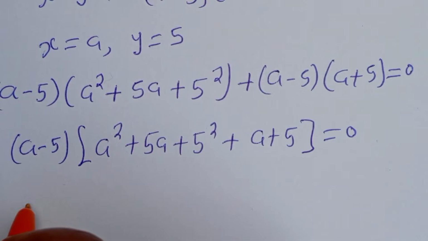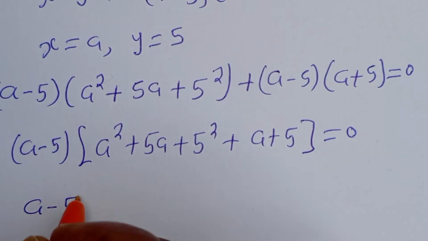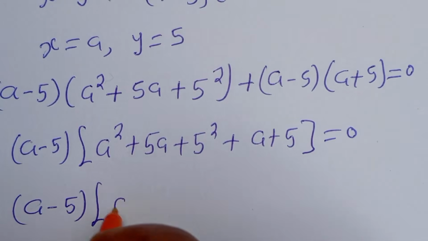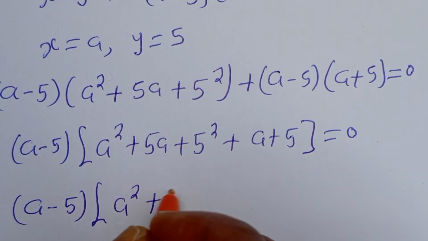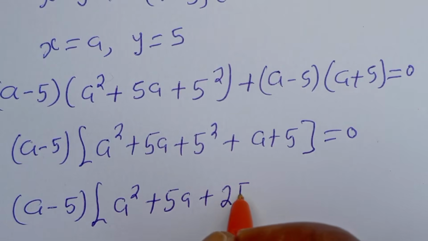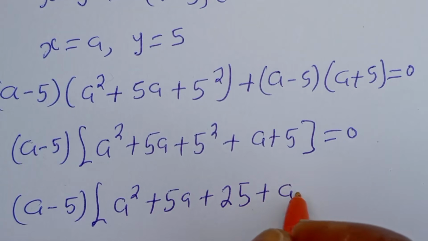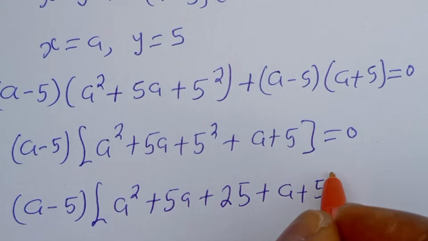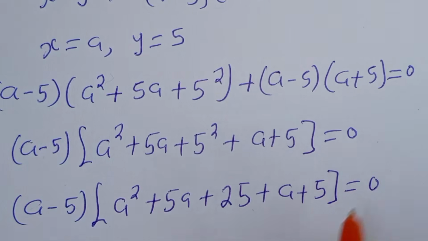Then this is a minus 5 bracket a square plus 5a plus 5 square, this is 25, plus a plus 5 equal to 0.